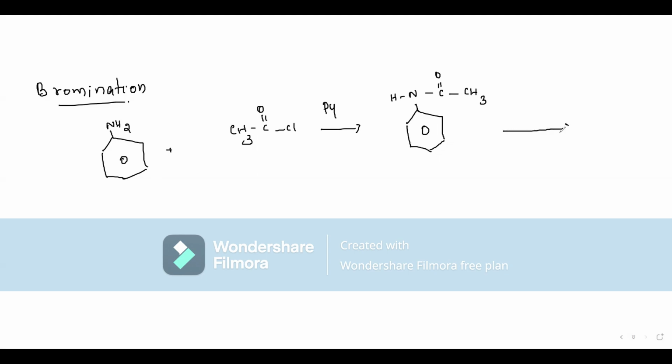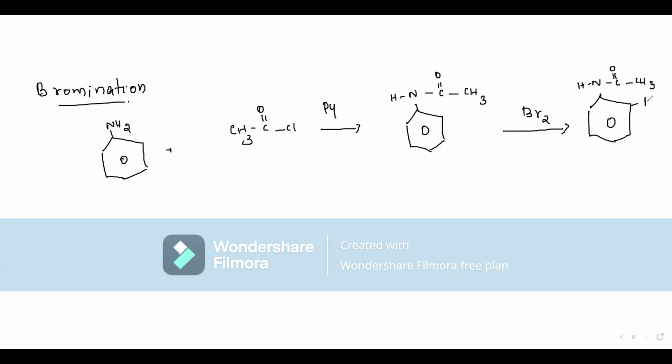Once you get acetanilide, treat this compound with bromine. Now, benzene ring, this NH part will remain intact. No change will happen to this.